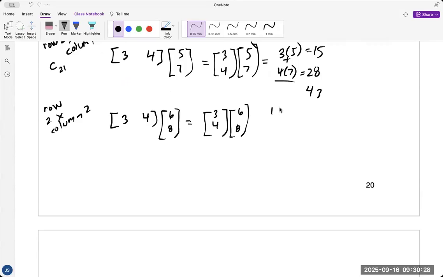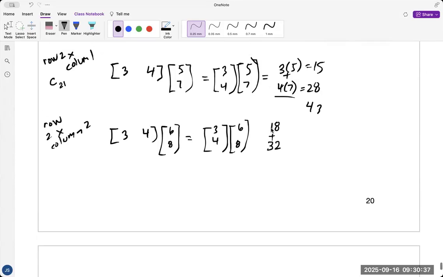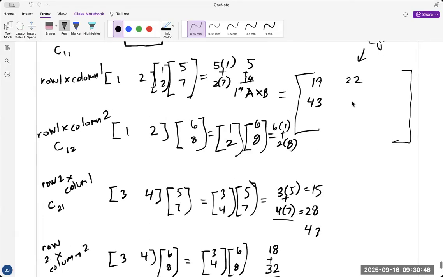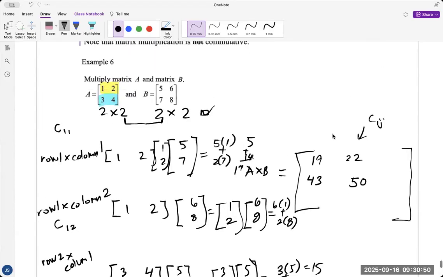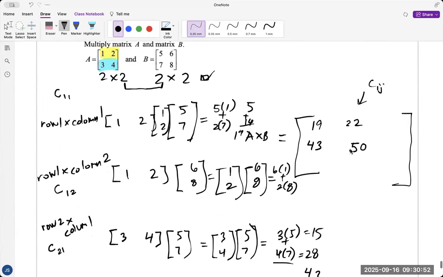So 3 times 6 is 18, and 4 times 8 is 32. Then I add, 50. And there we go. So there is our product matrix: 19, 22, 43, and 50.